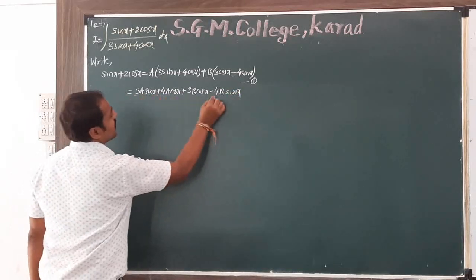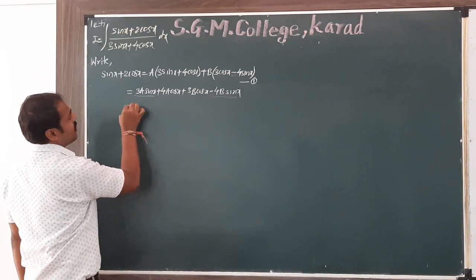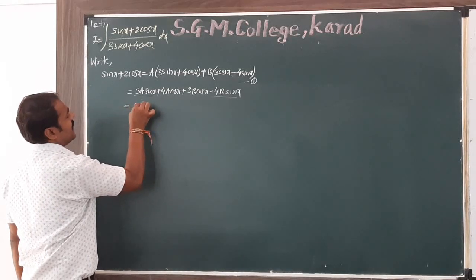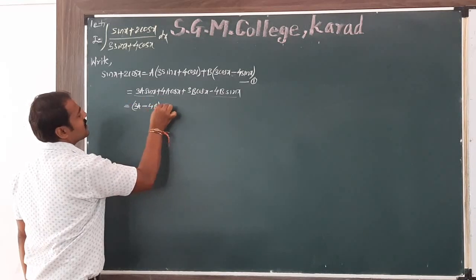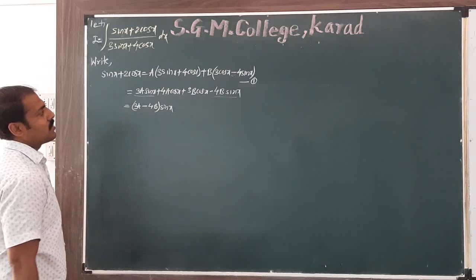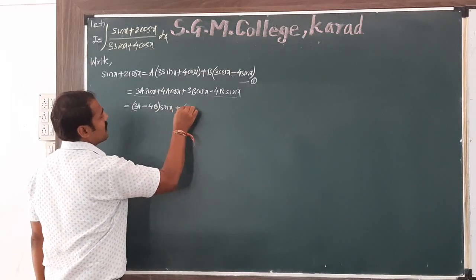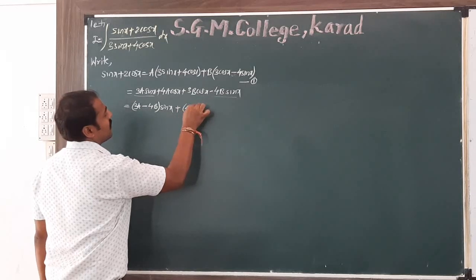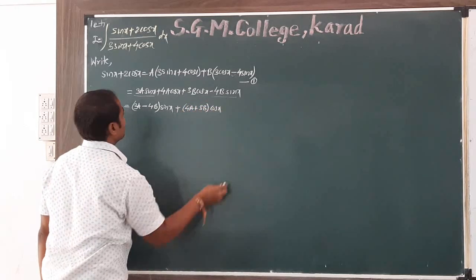Okay, from first and last term, we take common sin x. So it's (3a minus 4b) into sin x. From middle two terms, we take common what? Cos x. So plus (4a plus 3b) into cos x.